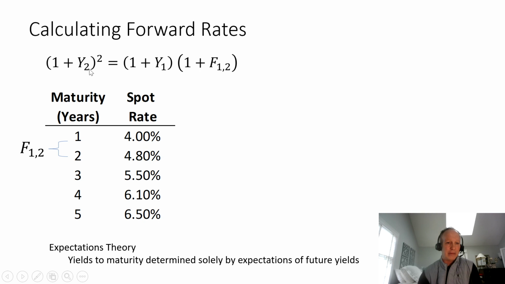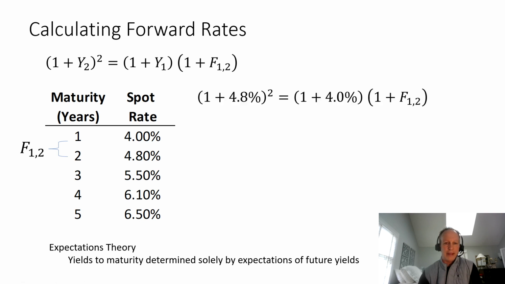So I'm going to get that rate of 4.8% twice, year 1 and year 2. Or I could get the 1-year rate and then reinvest those proceeds at the 1-year rate that exists 1 year from today. The forward rate is what our estimate's going to be for that interest rate. So I'm going to equate these two, and we're going to solve for F12. That's going to be our forward rate calculation.